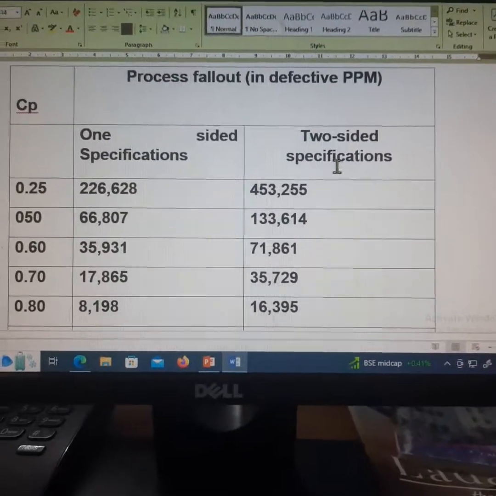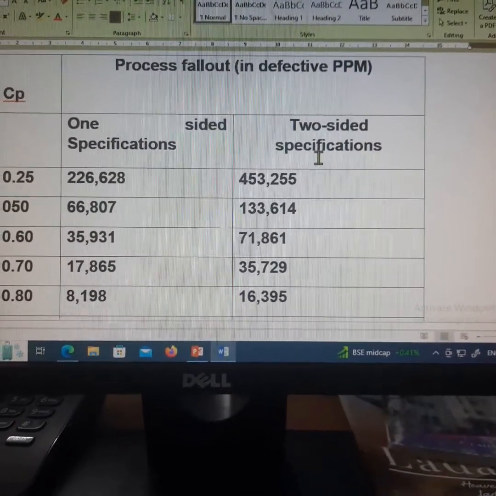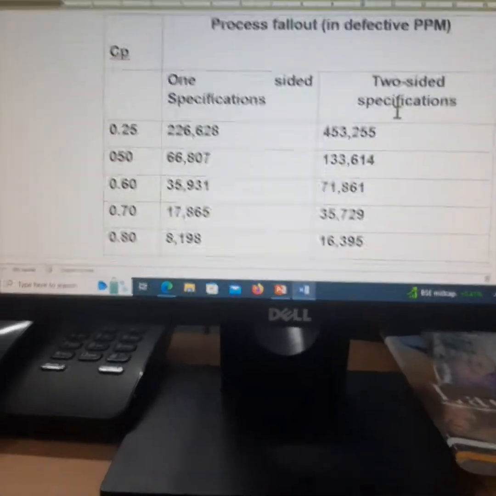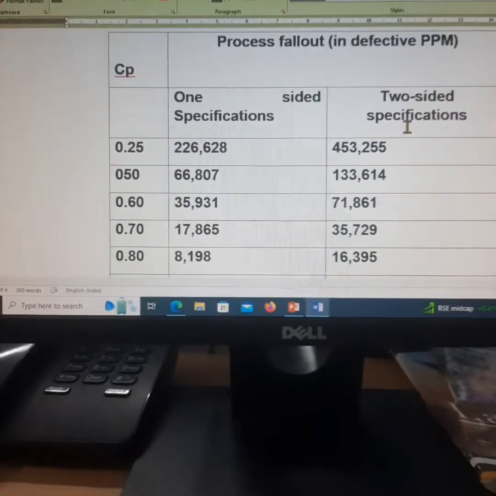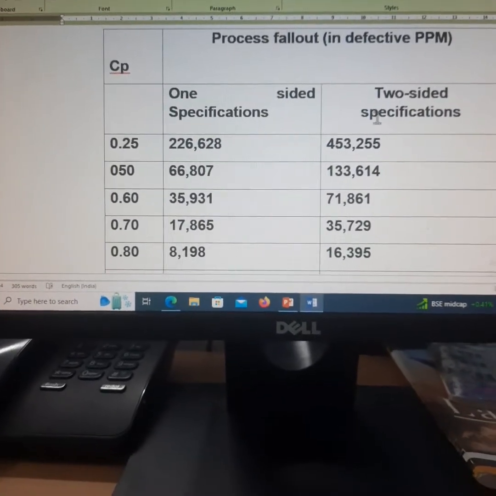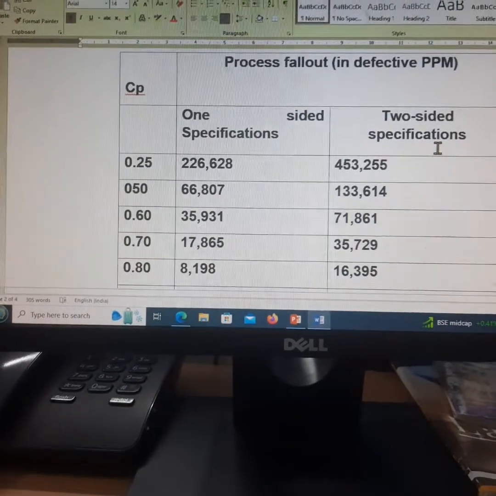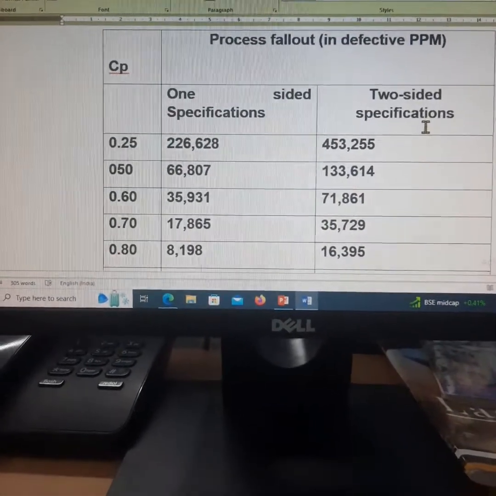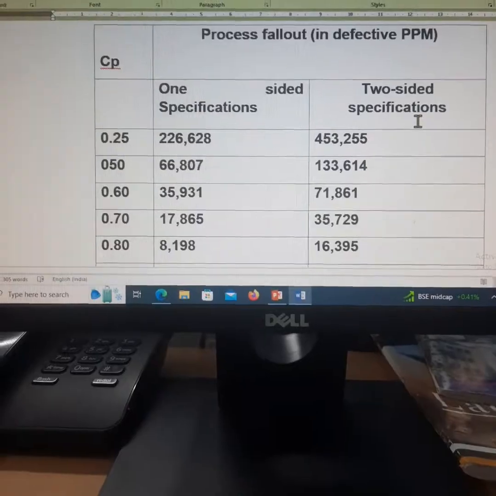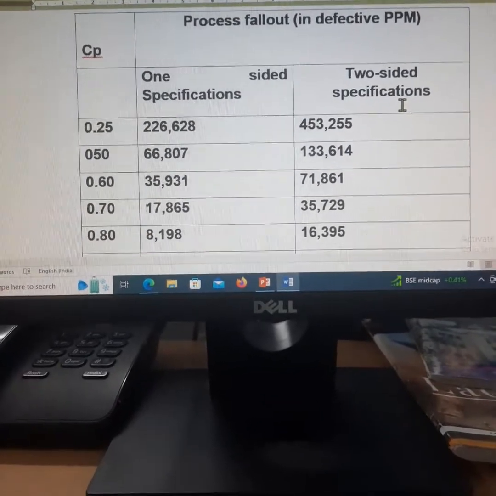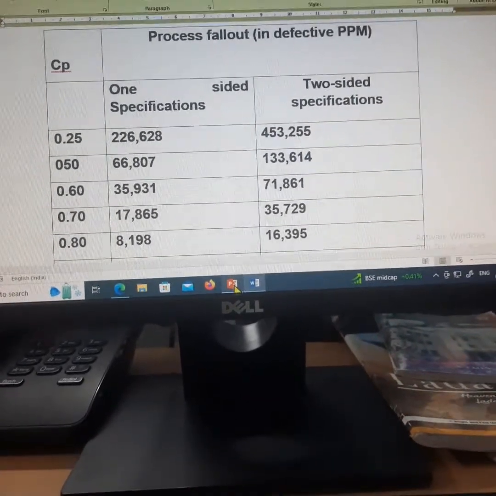Now we have to refer to two-sided specification for this problem. What is two-sided specification? What is one-sided specification? When the dimension of the shaft has to be limited on both sides, upper side and lower side, it is called two-sided specification.